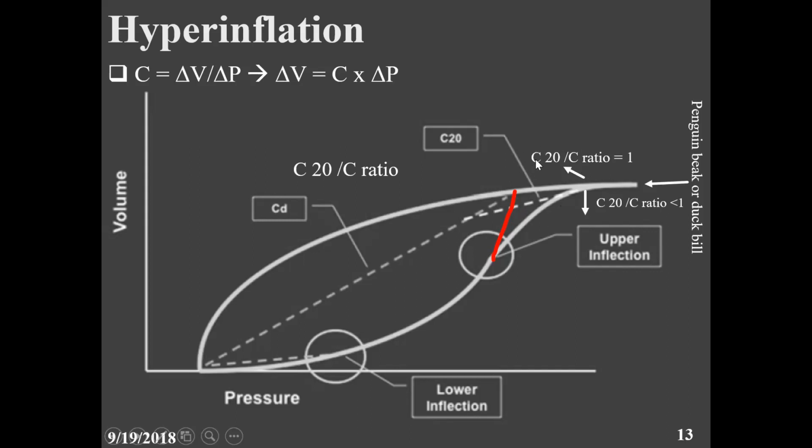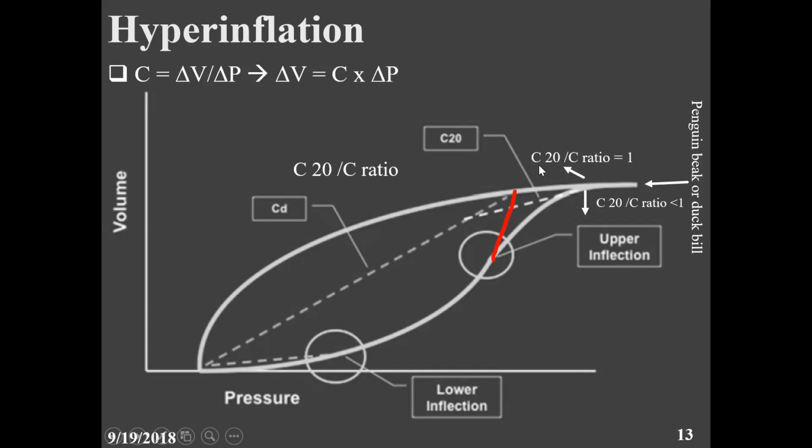If we divide the C20, this line, over this line, and it equals 1, it means the last 20% of inflation equals the whole line, and this means overinflation.